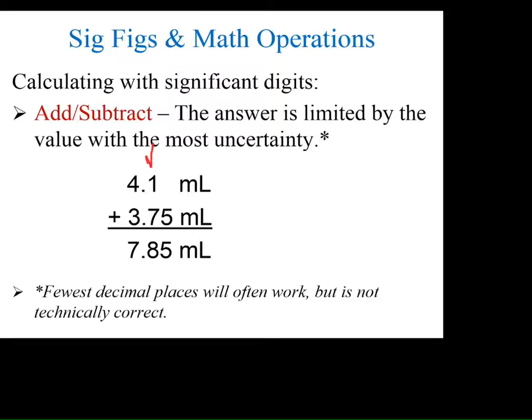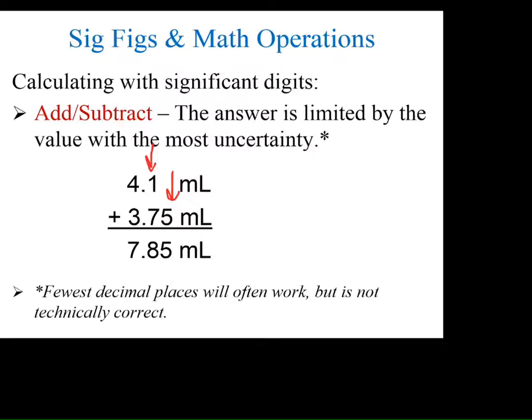So 4.1 is precise out to the tenths place, right? The 3.75 is precise out to the what? Hundredths place. Aha. So in that case, when we're adding, our least precise is to the tenths place. So the answer can only be to the tenths place.